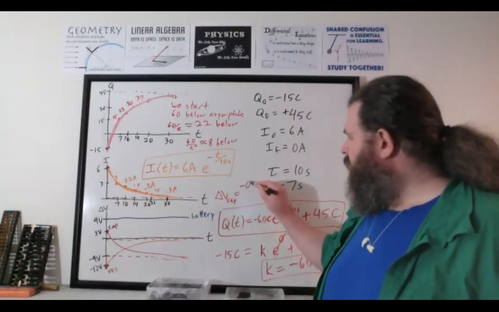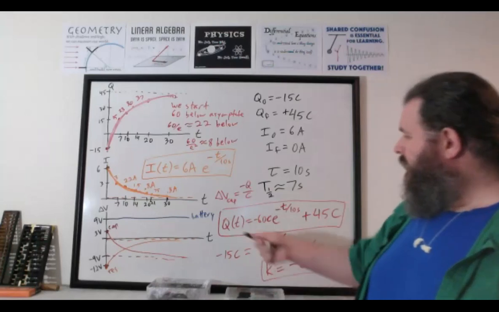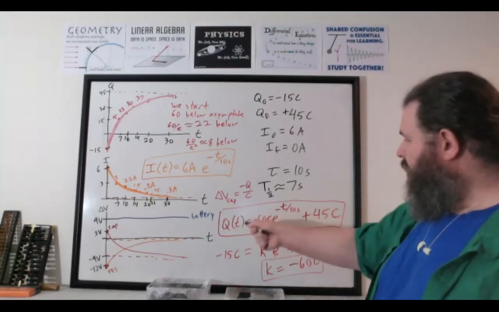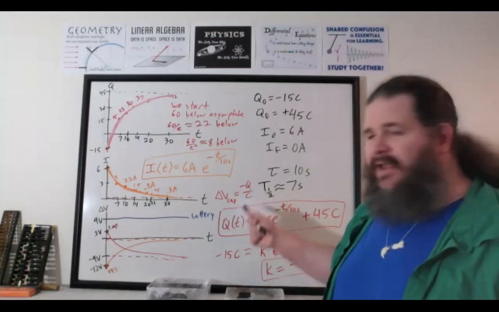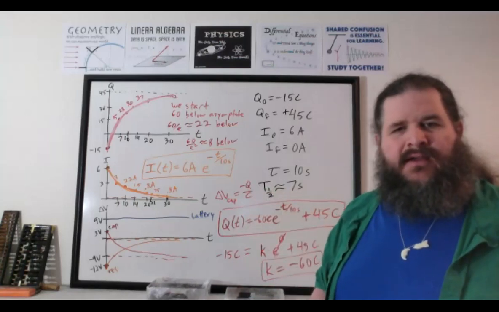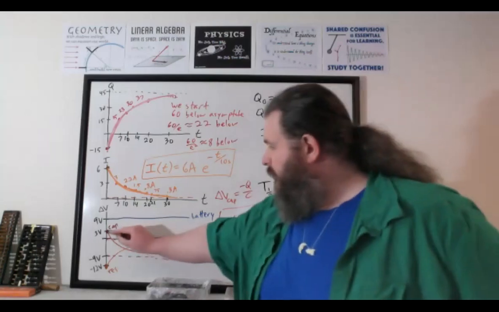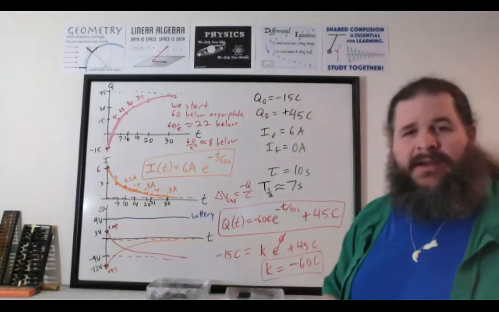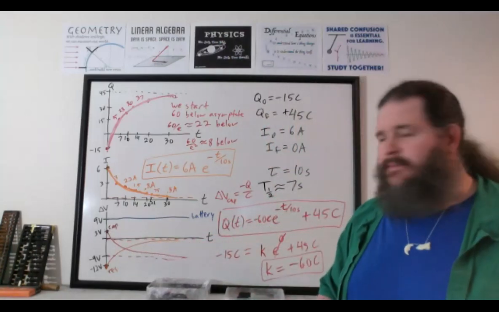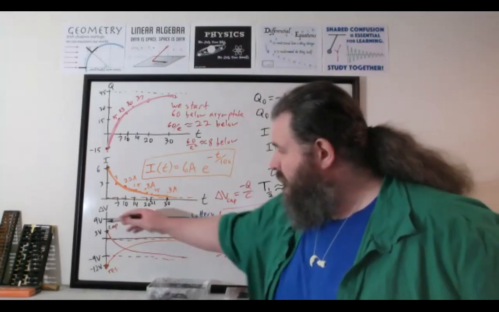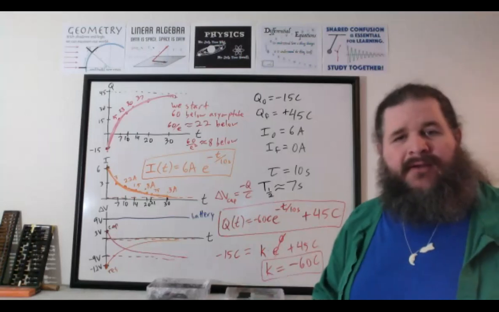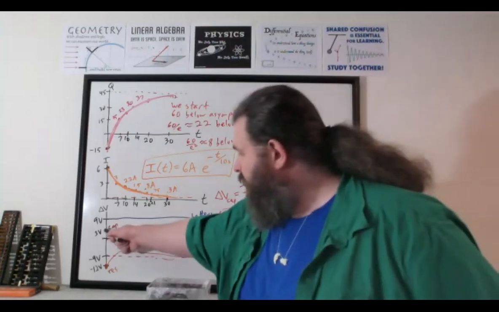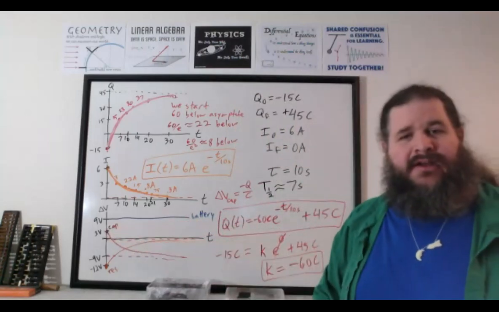Yeah, negative Q over C. So we can just take Q, which is this entire function, including the plus 45, divide that by capacitance, which was 5 farads, I think. And what's left will be a function for voltage of the capacitor. And that will be the function that tells you this graph exactly. So this whole function, the whole thing, divided by 5 farads, gives you a function for this graph, the graph of voltage on the capacitor.